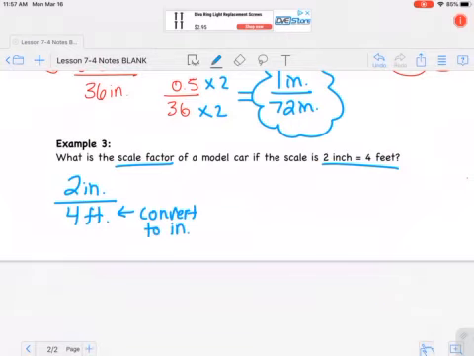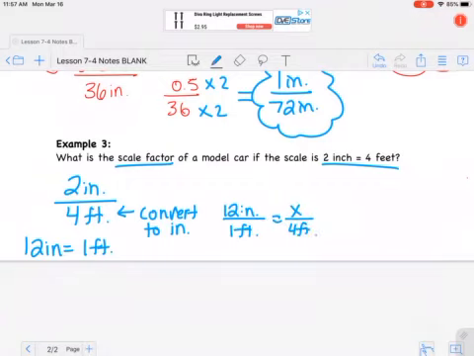If you're unsure, we know that 12 inches is equal to 1 foot. So if we're looking for the total number of inches, how I could set this up is 12 inches over 1 foot is equal to x over 4 feet. The other thing you could just do is 12 times 4. So that would mean that 4 feet would equal 48 inches.